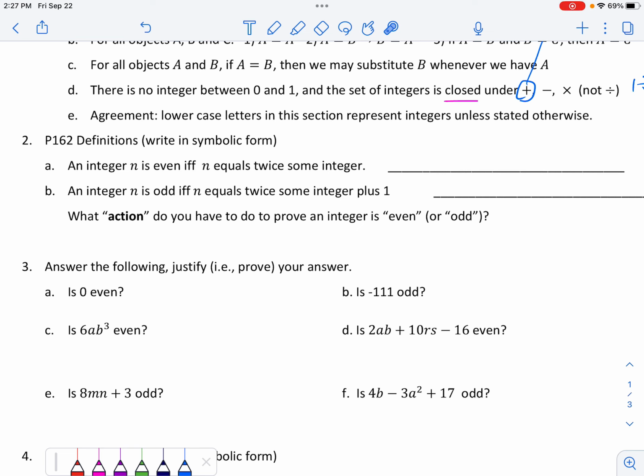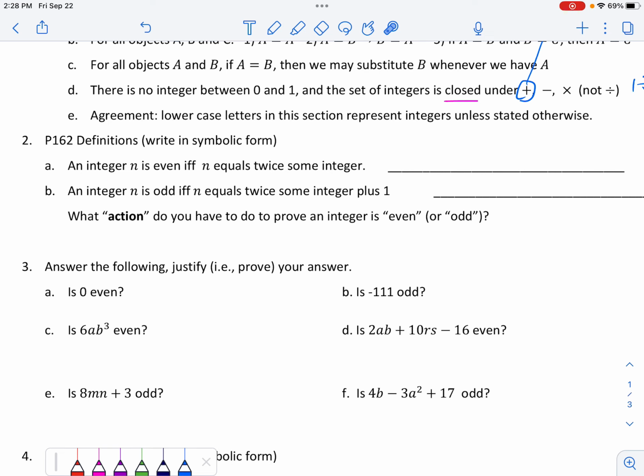And then from the definitions plus theorems we can derive other theorems, propositions, lemmas, corollaries, things like that.